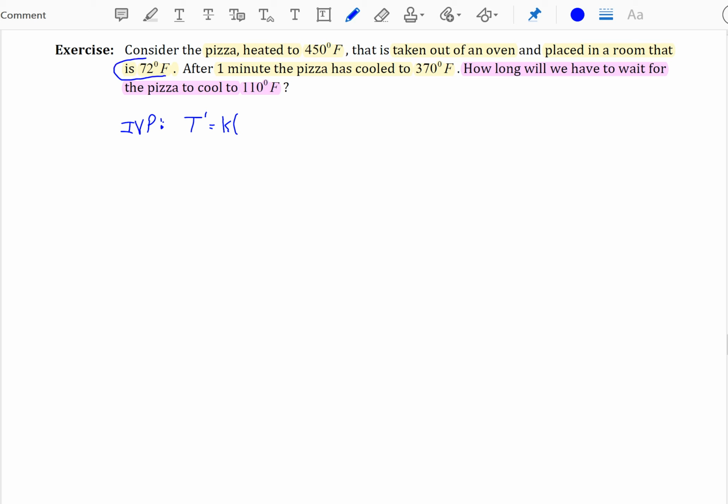Here, the ambient temperature, M, is 72 degrees, minus the temperature of the object, T. We also know that our temperature at time 0 is 450 degrees Fahrenheit. And we know that after 1 minute, the pizza is cooled to 370. So T of 1 is 370 degrees.